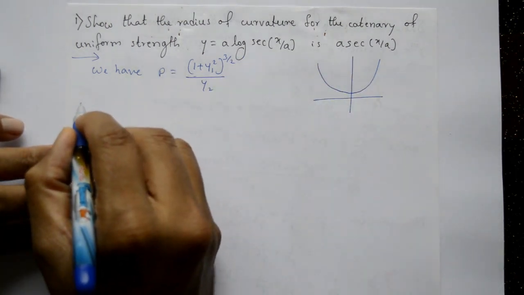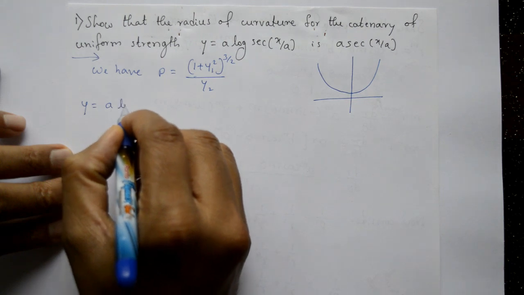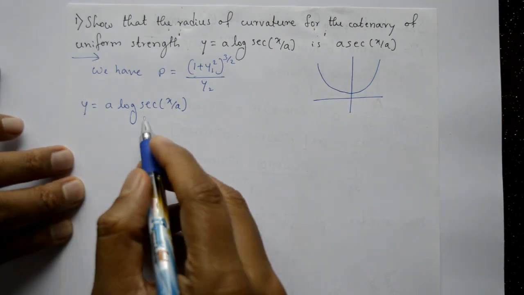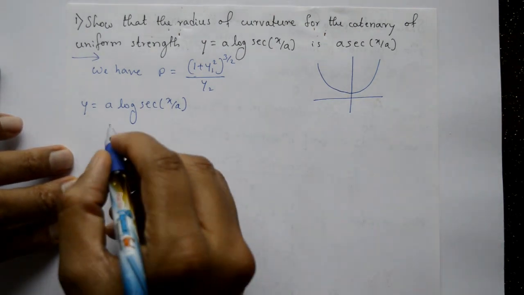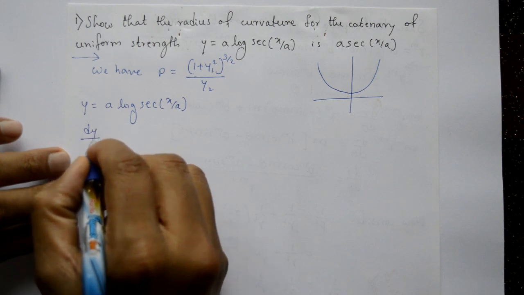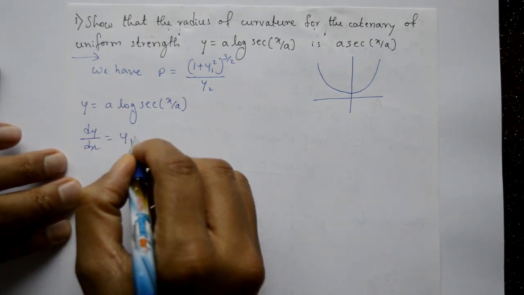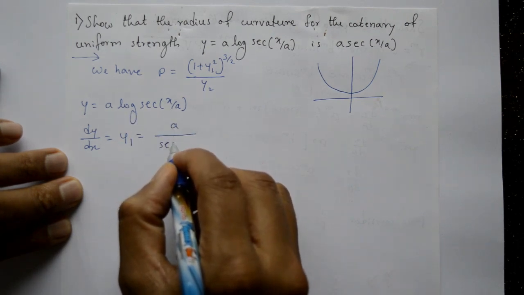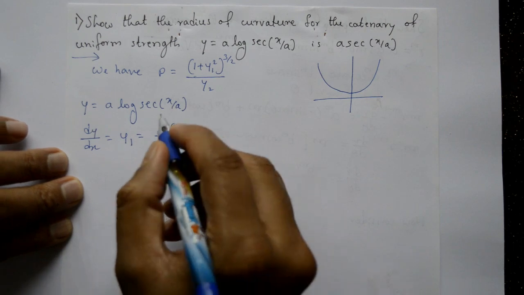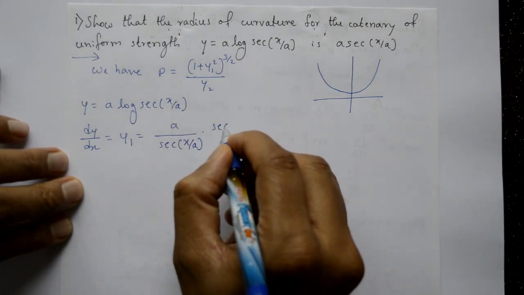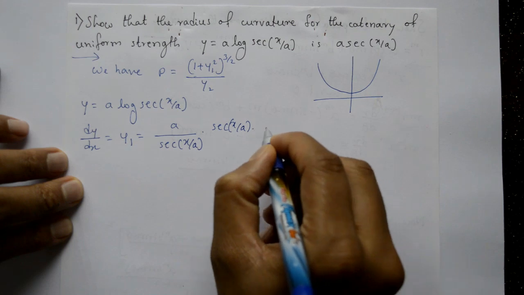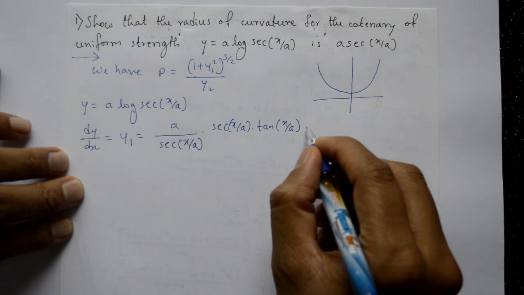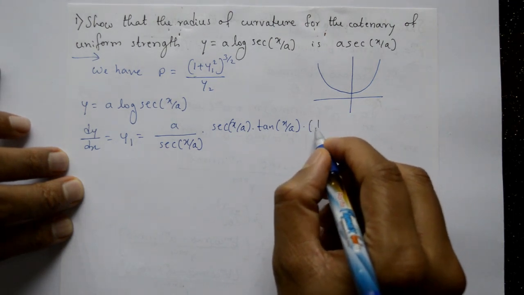Now given y = a log secant(x/a), differentiate y with respect to x. y1 = a is a constant, log means 1 upon secant(x/a), into the derivative of secant, secant(x/a) tan(x/a), and differentiating x/a gives 1/a.